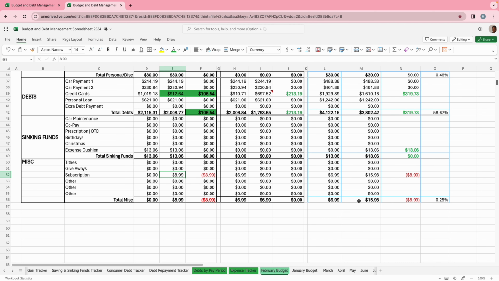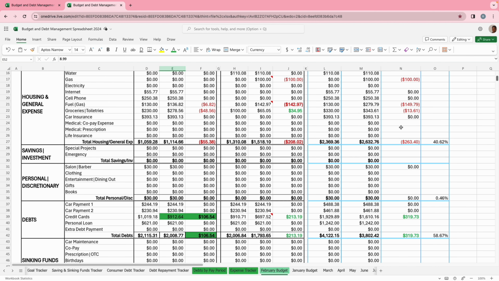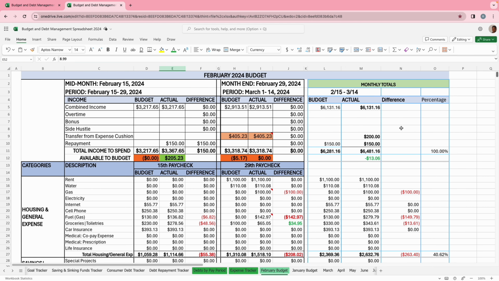Subscription is 0.25% of my overall income for the month of February. So that's how I conduct my closing, comparing my actuals versus my income, and seeing what percentage of each category was used in comparison to income.